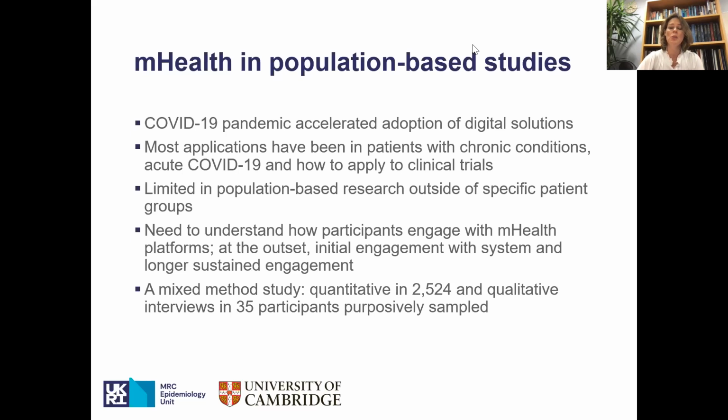We sampled them not just on sociodemographics to get a good spread, but also on the basis of how much they engaged. So we were able to recruit people who engaged a lot with the app or not so much, and also those people who didn't take part in the app study at all. So we could get a good spread of information there.